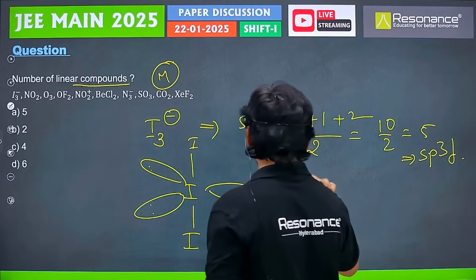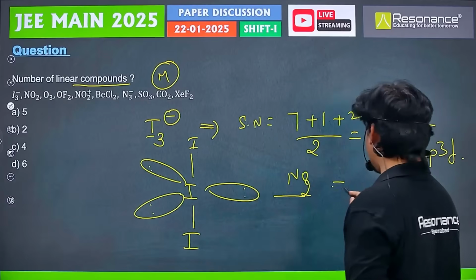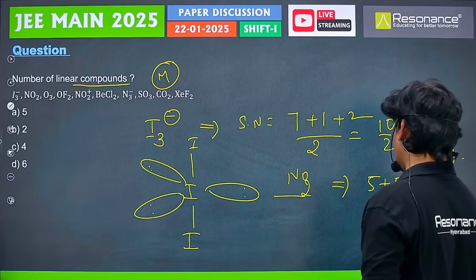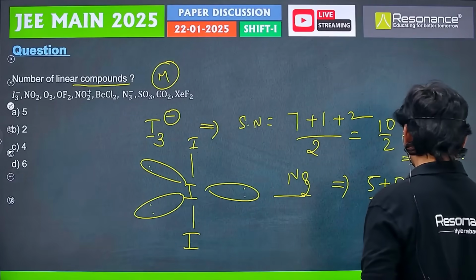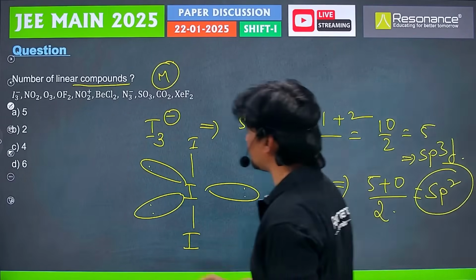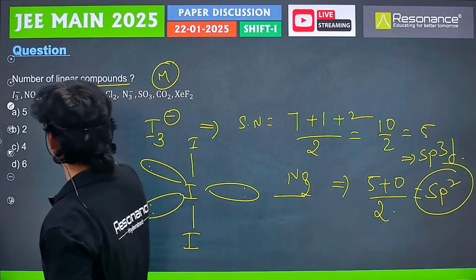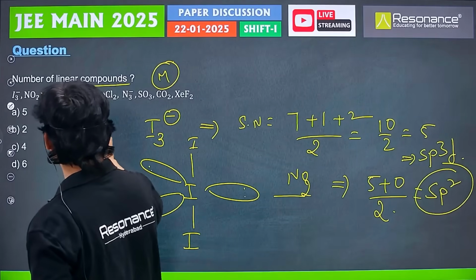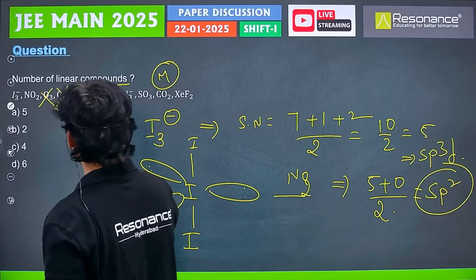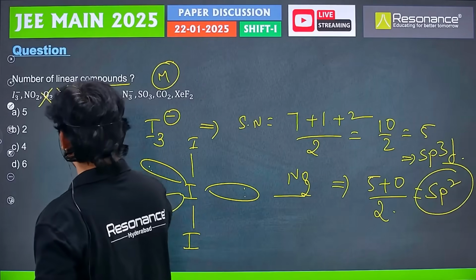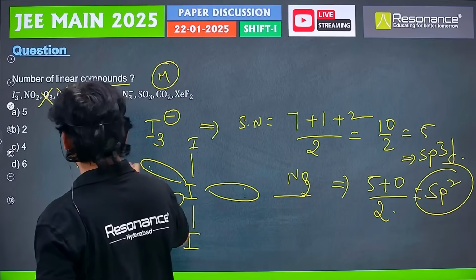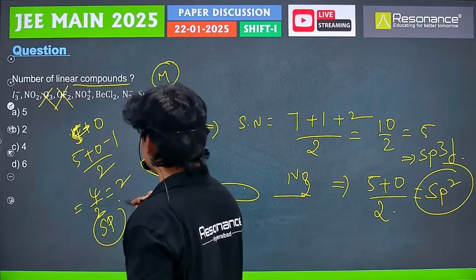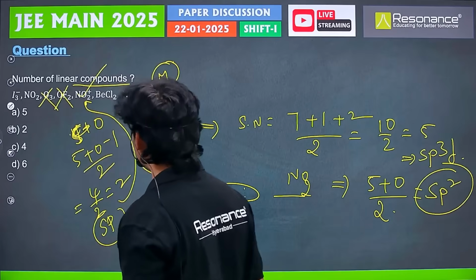Second one, NO2 minus. What is the hybridization? It has a bent shape, so this is not an option. This one is also bent, so this is not an option. NO2 plus: 5 plus 0 minus 1 by 2, 4 by 2, which is 2, sp hybridization, so it has a linear shape.